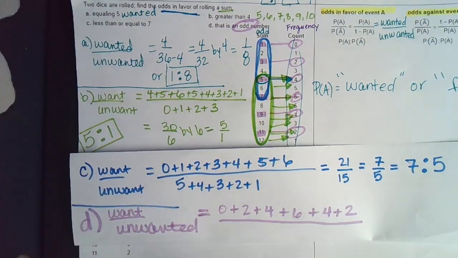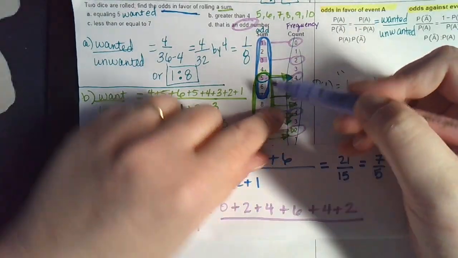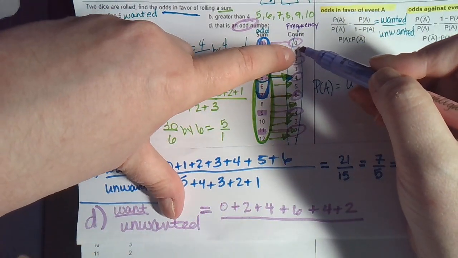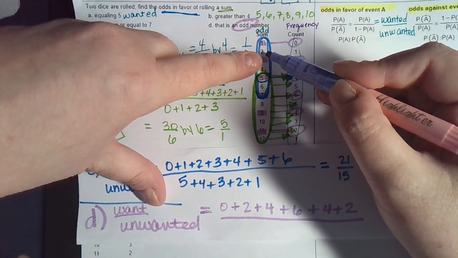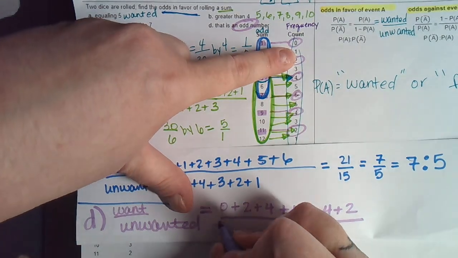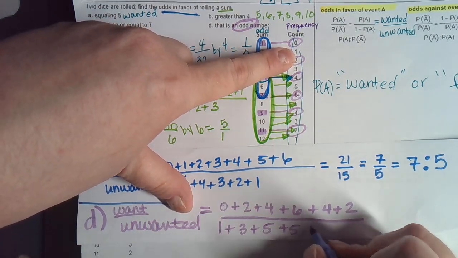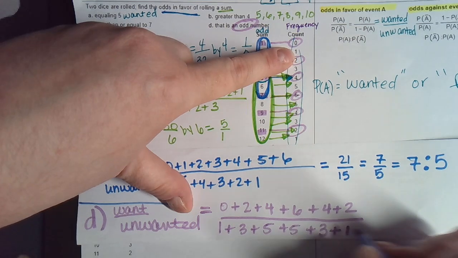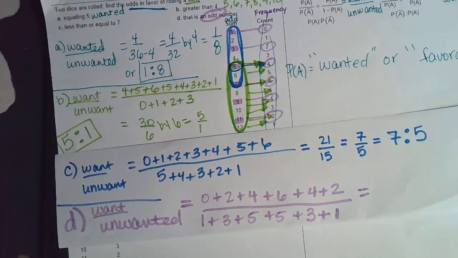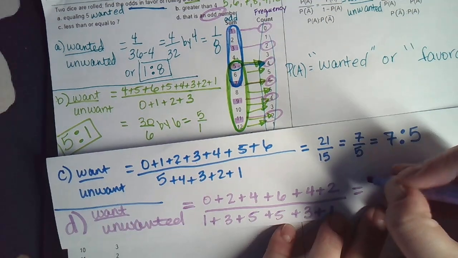Okay, the unwanted are the counts that I did not circle in purple that match up with your even sums. So 1, 3, 5, 5, 3, 1. Okay, and then let's add these up. 6, 12, 16, 18.